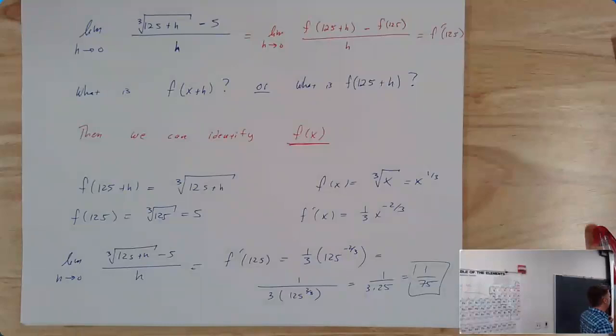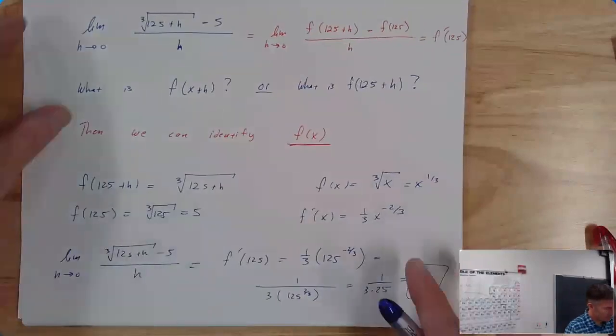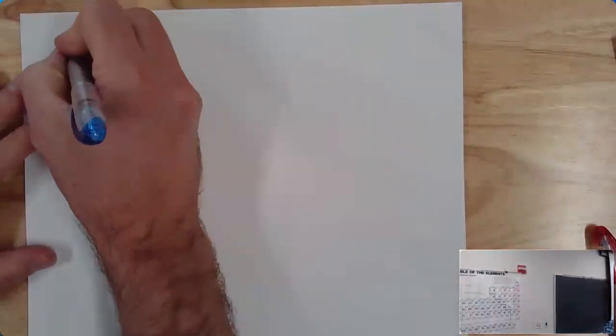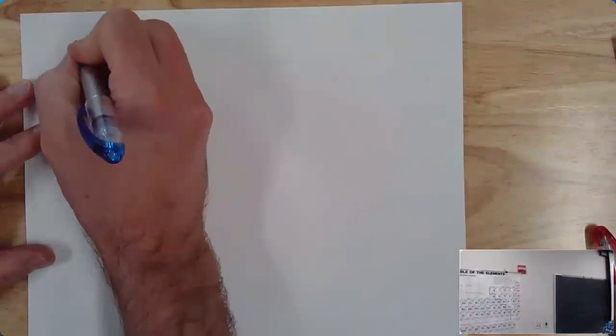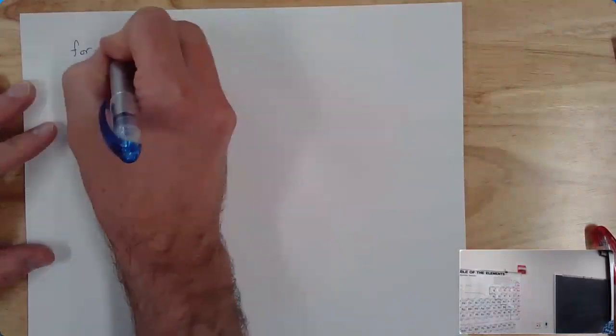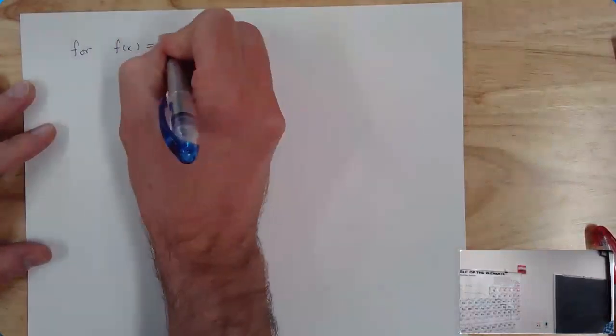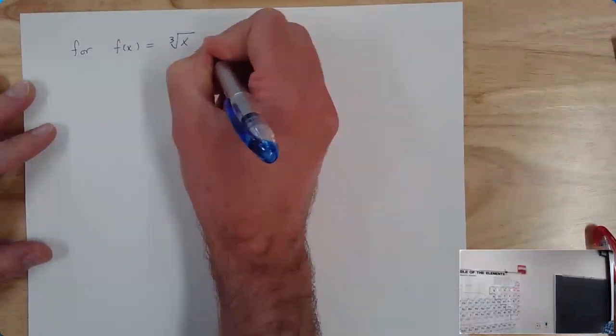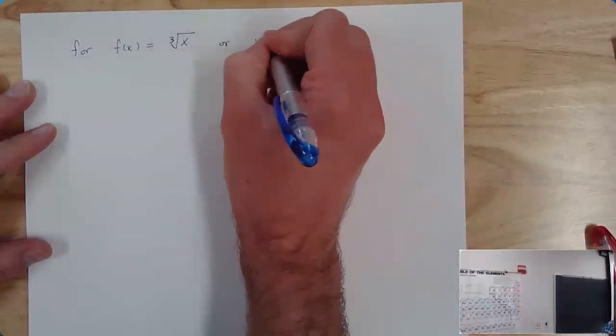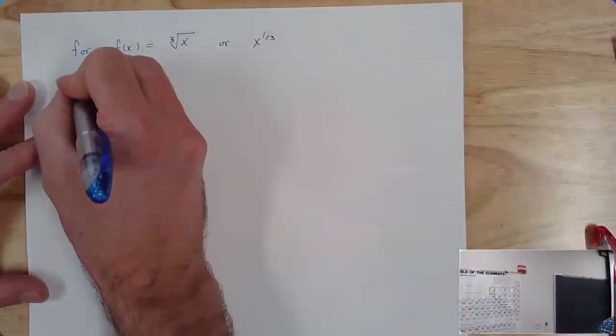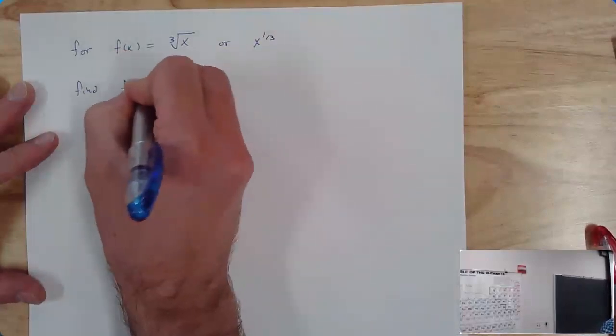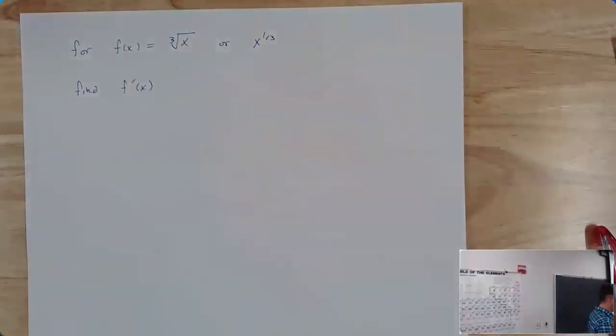Well, so let me address your question with an example. So let's really kind of prove to ourselves that for f of x equal to the cube root of x, or x to the 1/3, we want to find the derivative using the limit definition, and we're going to do it the long way.